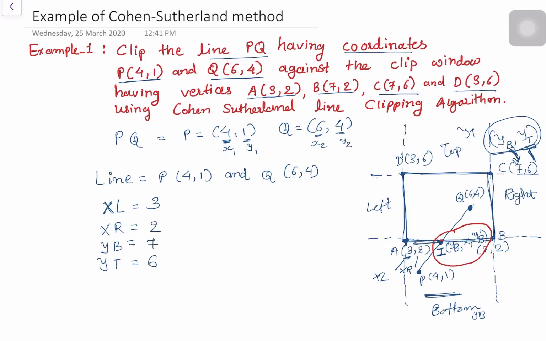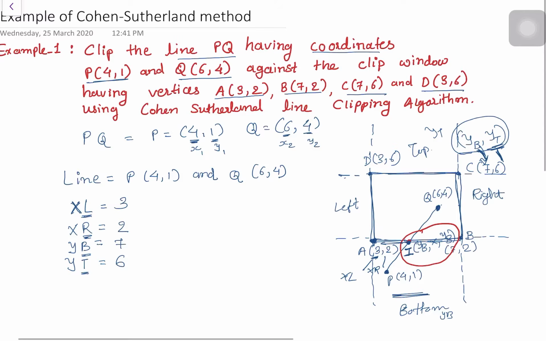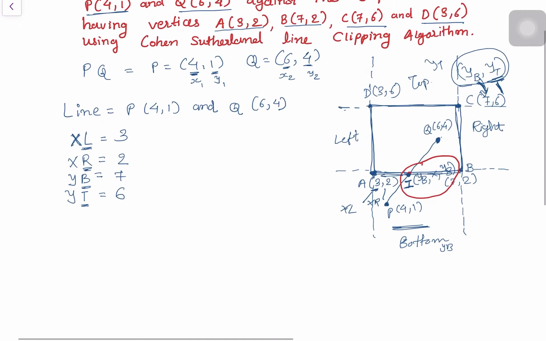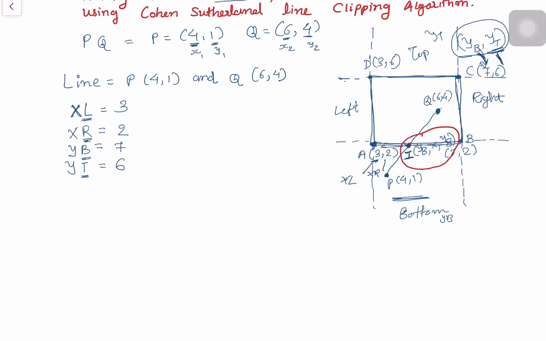Now we have the values of the left, right, bottom and top coordinates, which are our window viewpoints. So what we have to do next is find the positions of these points. For that we have to make one table with the point, the end of point and the ending operation as per the algorithm.